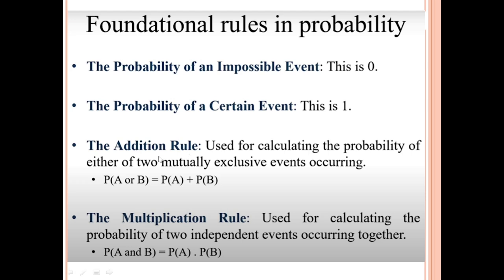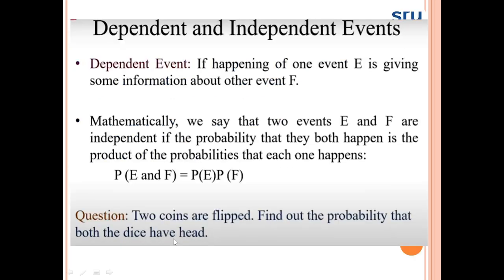For the addition rule, we use the probability of A or B equal to probability of A plus probability of B. The multiplication rule is used for calculating the probability of two independent events occurring together.